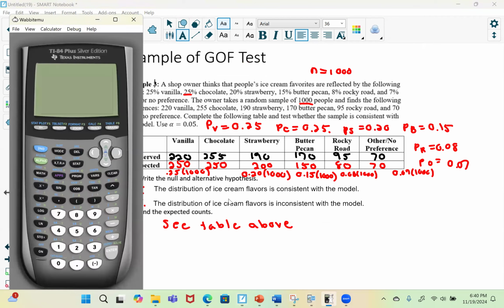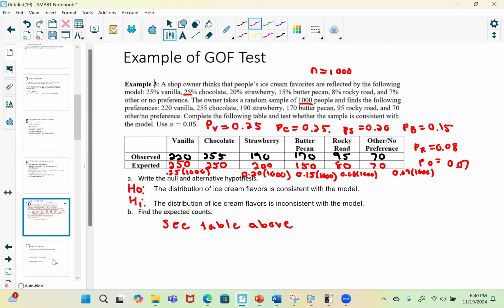So for the problem, you want to go again to stat, edit, and enter your values. I already have mine entered, so you want to pause and enter. L1 should be your observed values, and L2 should always be your expected. Then you're going to go to stat over to tests again to the GOF test, which is D, and hit enter. The only thing you'll have to change is the degrees of freedom, which is the number of categories minus 1.